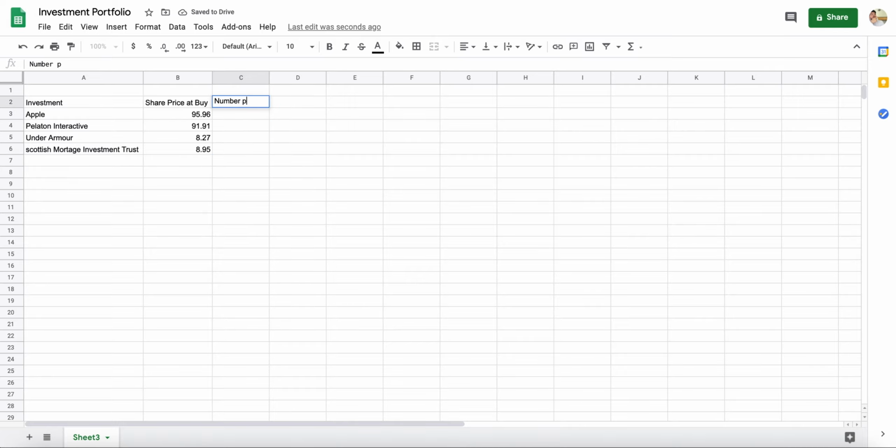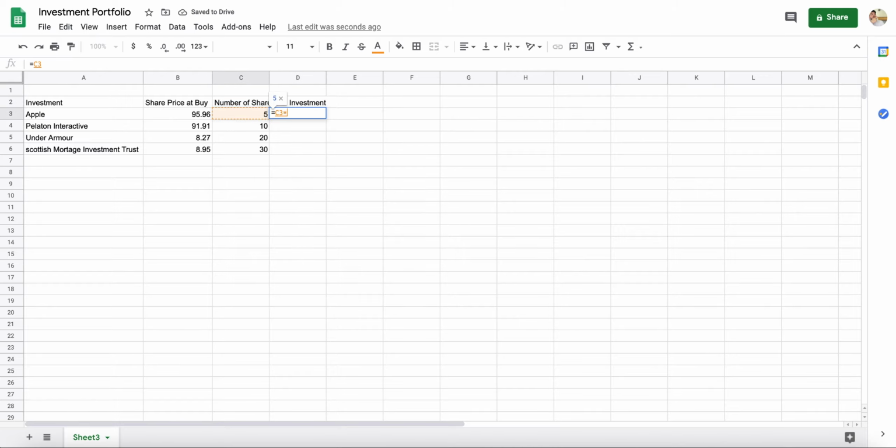Let's also look at the number of shares bought. So let's say you bought 5 shares in Apple, 10 shares in Peloton, 20 shares in Under Armour, and 30 units of Scottish Mortgage Investment Trust.